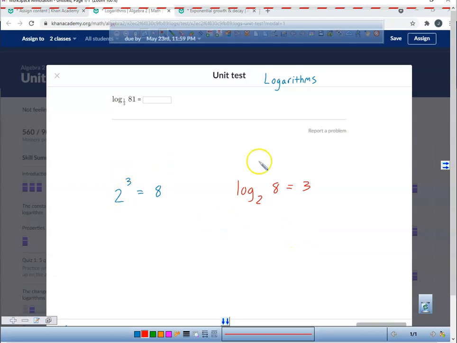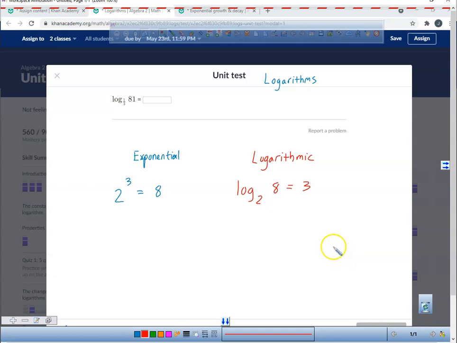This is exponential. This is a logarithm. So in your journal, just write this down. This is called exponential form. Okay, exponential form. And this is called logarithmic form.